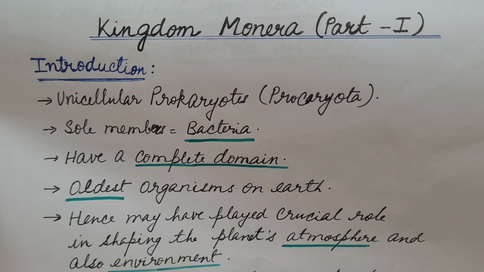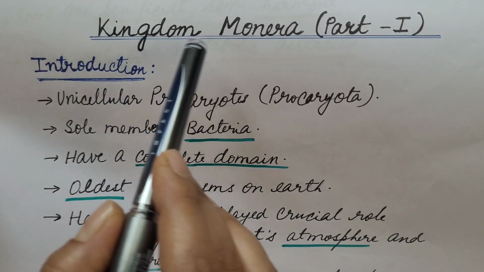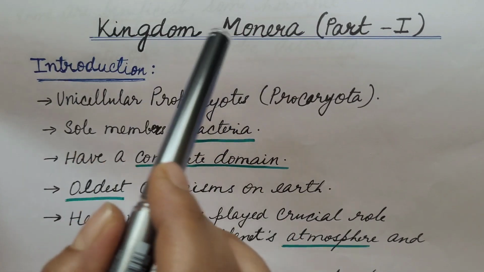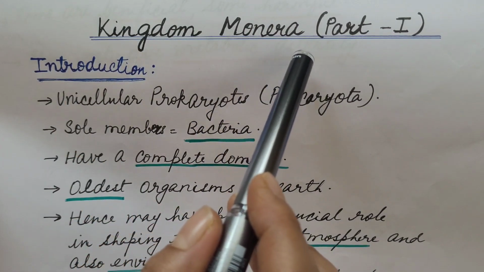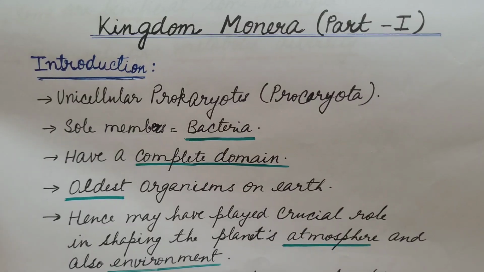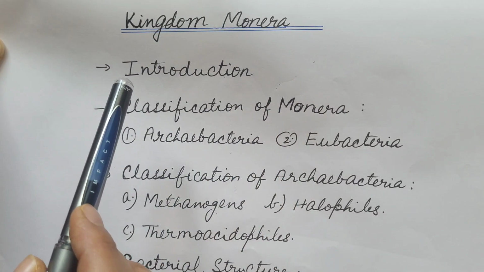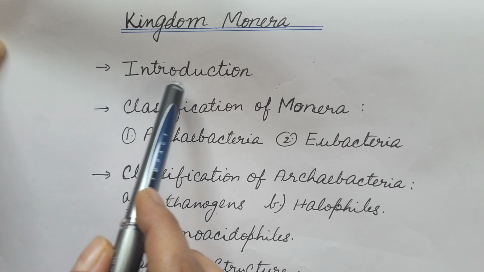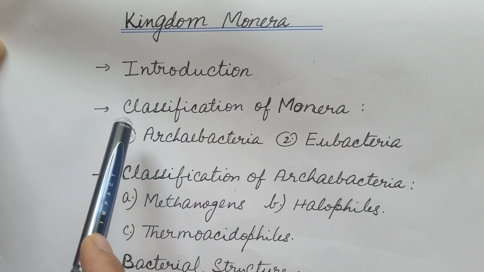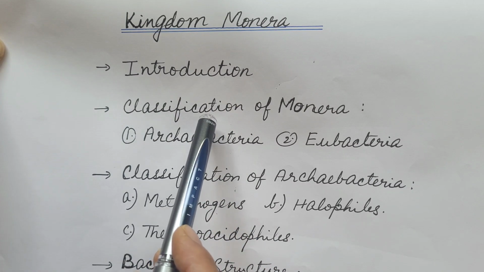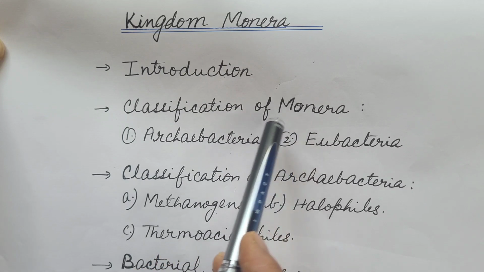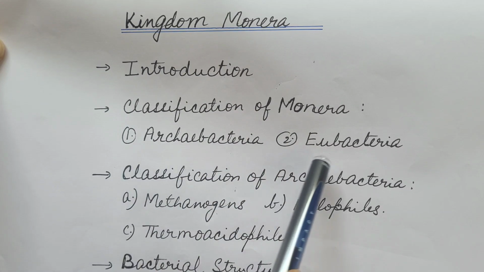Today we are going to discuss Kingdom Monera, which is the first kingdom of the 5 kingdom system of classification. This is the first part of this video. Here we will see the introduction of the Kingdom Monera. Then we will discuss the classification of Monera into 2 groups, that is Archaebacteria and Eubacteria.